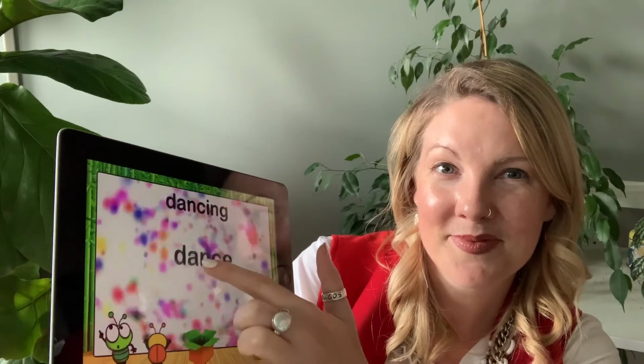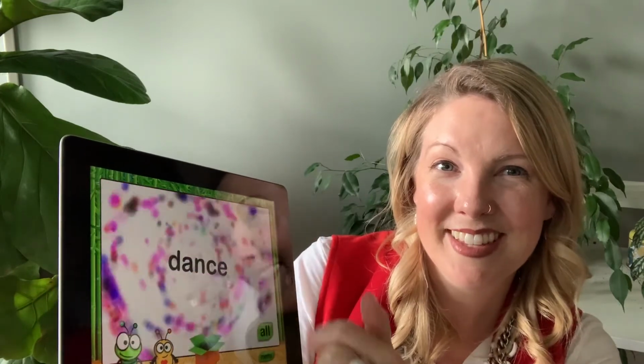Dancing. And now it's all done, so we say they were dancing, and now they're all done, so they danced. They danced. That ends in ed. It has a tapper at the end. It follows the rule. Danced.